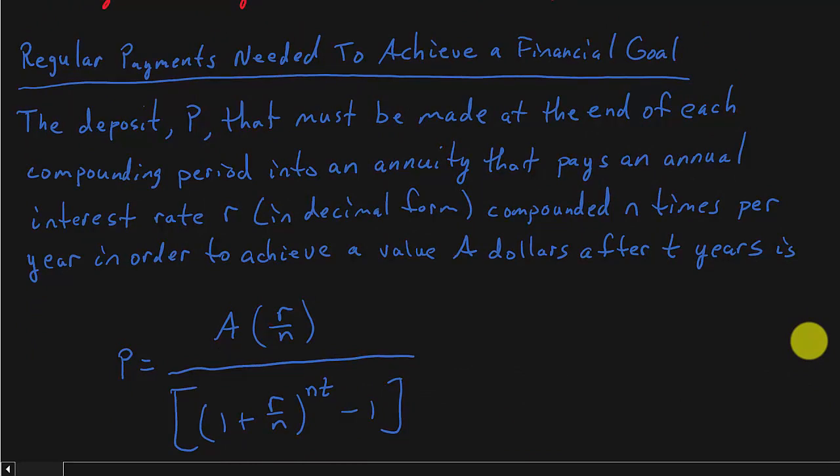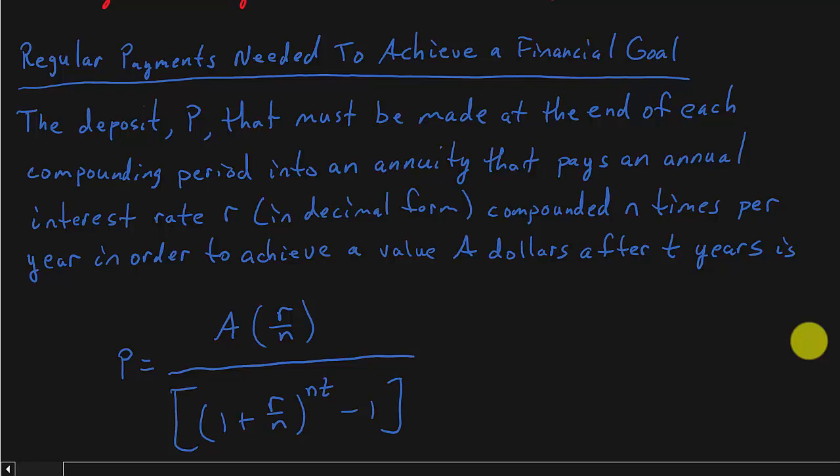Now we have regular payments needed to achieve a financial goal. So the deposit P that must be made at the end of each compounding period into an annuity that pays an annual interest rate R, and R is in decimal, compounded N times per year in order to achieve a value A after T years is P equals A times R over N divided by 1 plus R over N to the NT minus 1. All right.